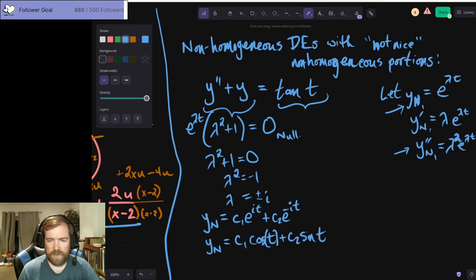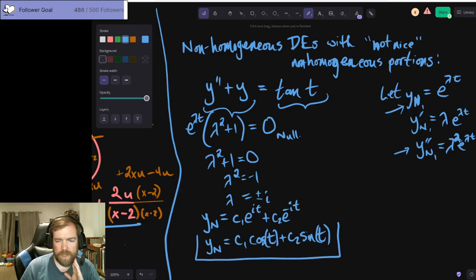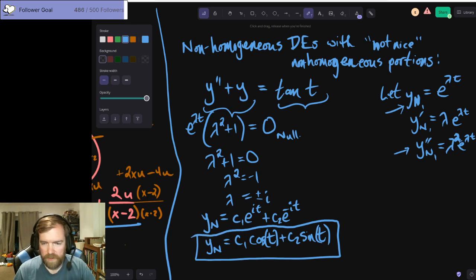Technically, these are two different sets of constants, but once we decide on a form that we're going to use, we can just reassign the constants to whatever names we want. Cosine of t and sine of t are the fundamental solutions, and c1 and c2 indicate we're doing a linear combination of these things.